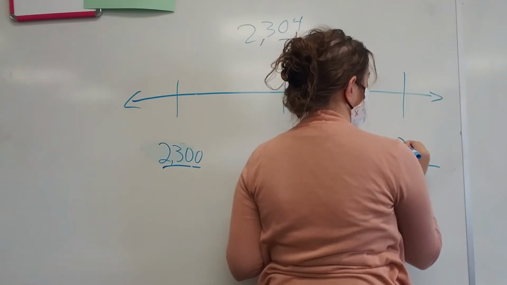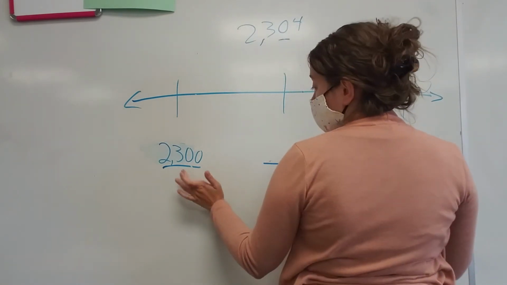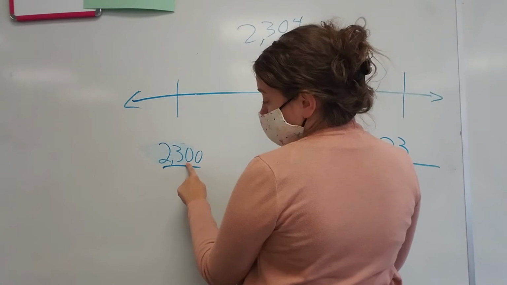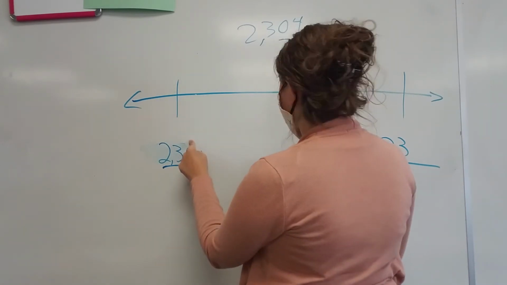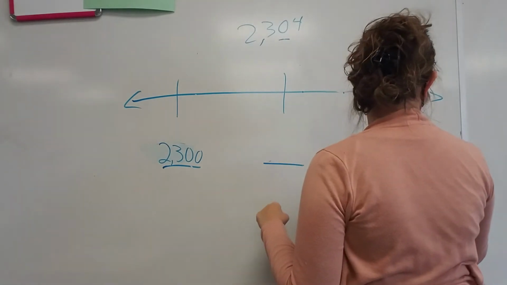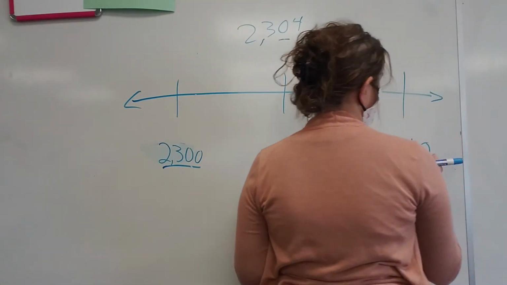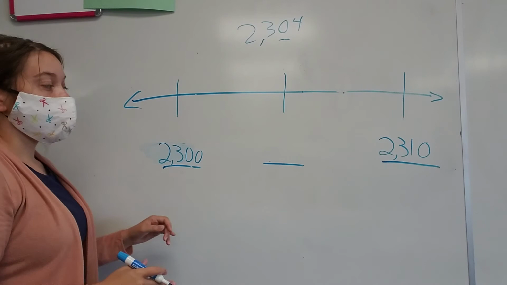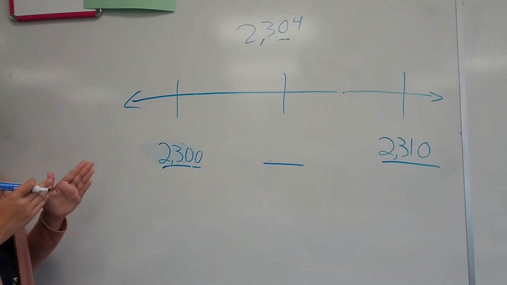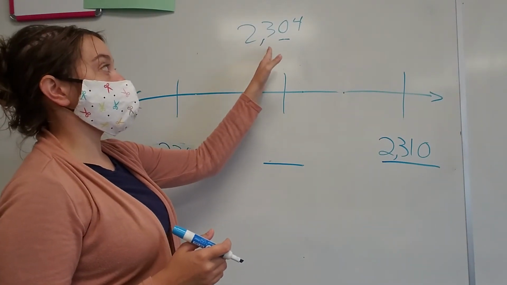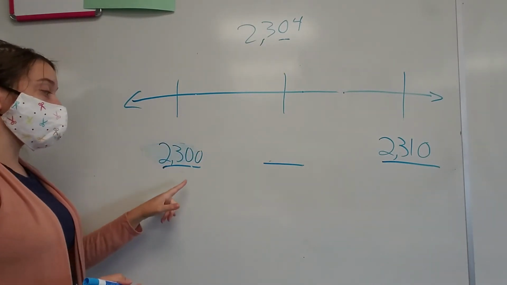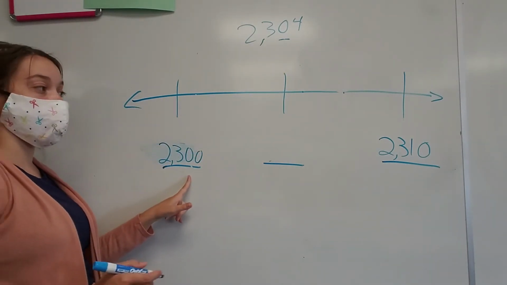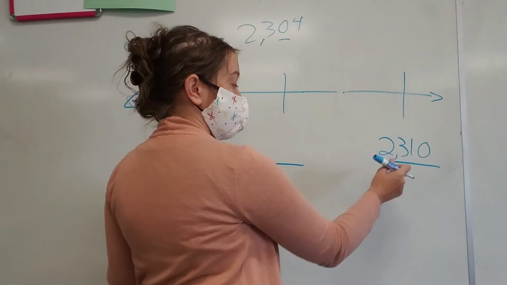To make my highest option, again, anything before it stays the same. So I have 2,300. I'm going to look at my lowest option's 10th place. It's a 0, right? I'm going to go up 1, so my 0 now becomes a 1, and that stays a 0, right? Because if we're rounding from our tens, it's either going to become 300 or 310, right? And now I just find what's in between 2,300 and 2,310.